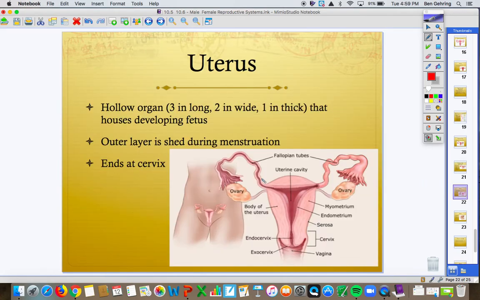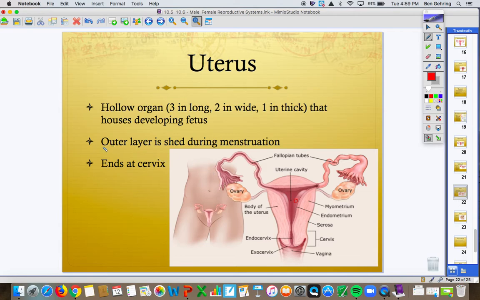And speaking of the uterus, it is a hollow organ. Most of the time it's collapsed and very small, as in this picture. Obviously, if you stick a zygote in here and it grows and matures and becomes a baby, your uterus is going to expand. But when you don't have a baby, your uterus is rather small and it's hollow.